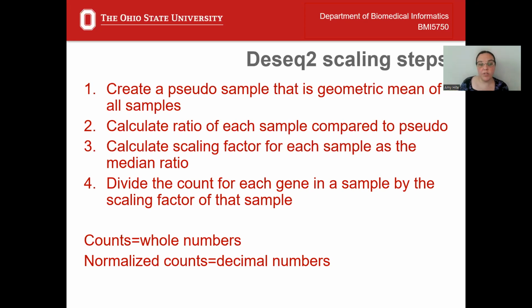If you get a table of data and somebody says, hey, this is my counts table, a quick check is: does this table have whole numbers? If it has whole numbers, you're probably pretty safe in assuming this is counts. If the table has decimal numbers, then I would look into it further because there is something not whole about these values.